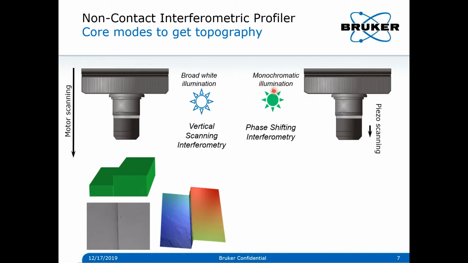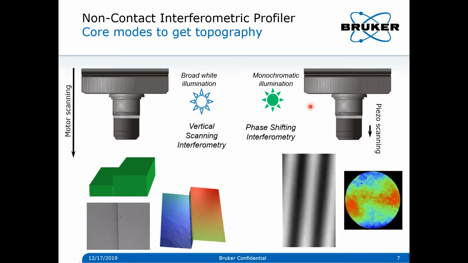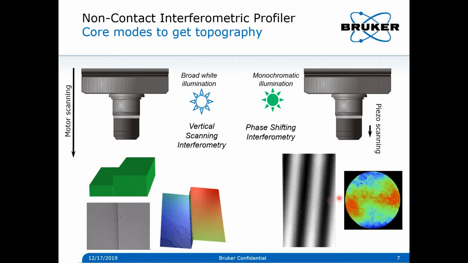Whenever we use monochromatic illumination with green, we speak about phase shifting. In that case, we use a dedicated piezo scan with a shift of less than 100 nanometers, while recording the change of intensity for every point.